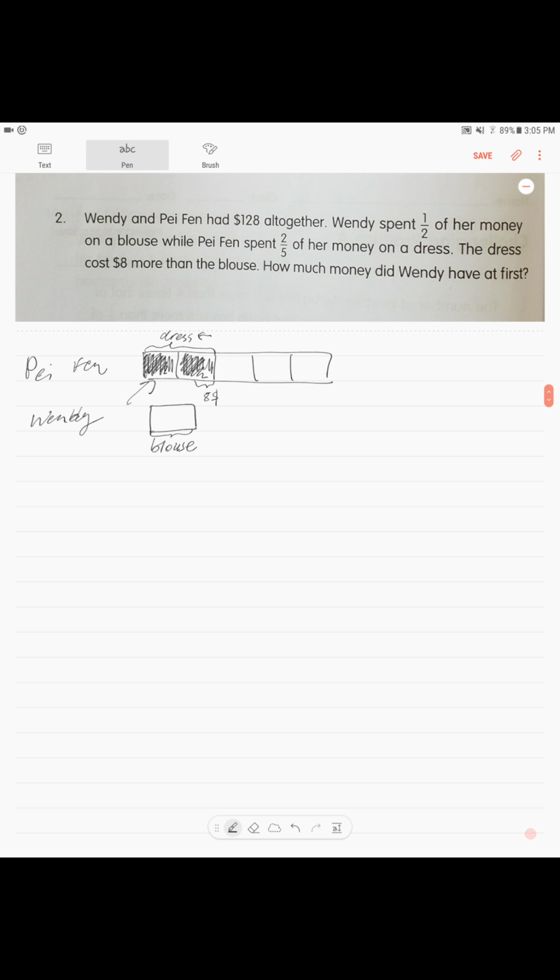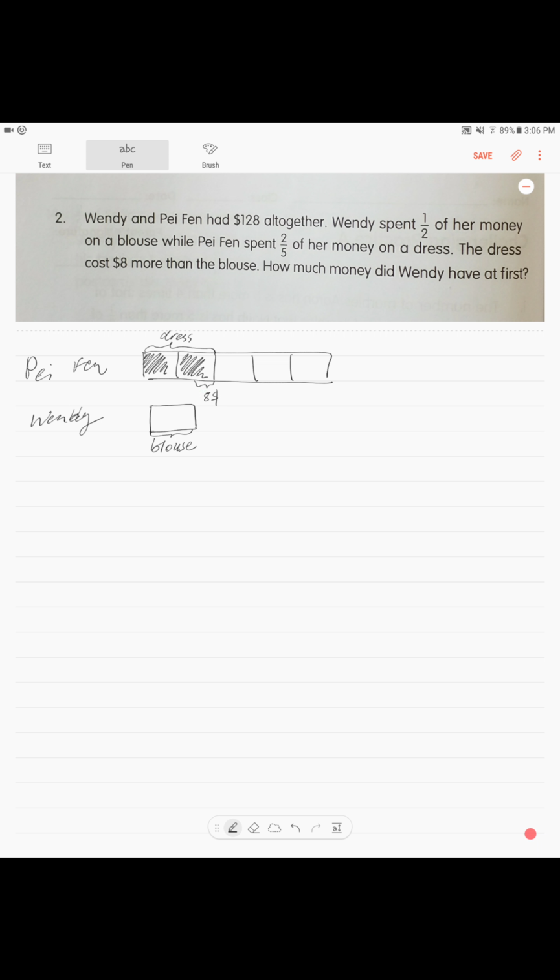Now they tell us the blouse is $8 less. So the blouse over here is smaller than 2 units. I'm going to erase this. The blouse is smaller than 2 units, and how much smaller? This difference is $8. So we draw it like this, $8.